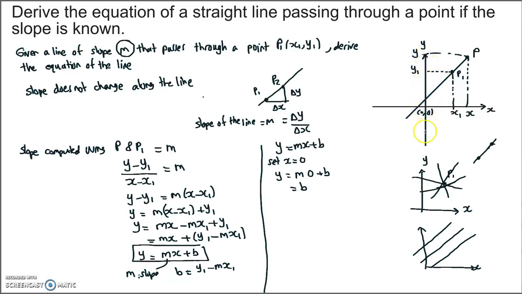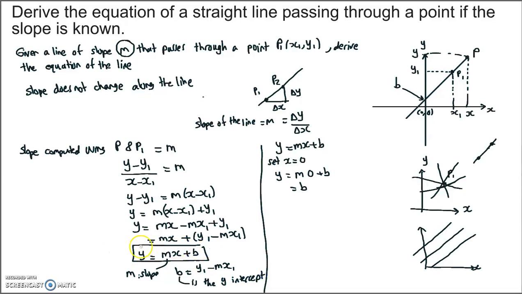So on the y-axis, x equals 0. So we said here, if we set x equal to 0, y equals b. It means that the place where our straight line intersects the y-axis, that is b. So b is the y-intercept.